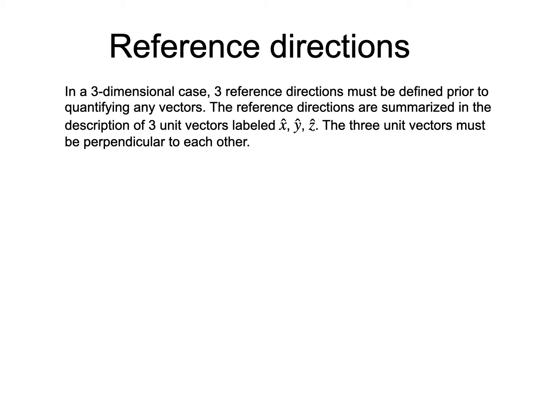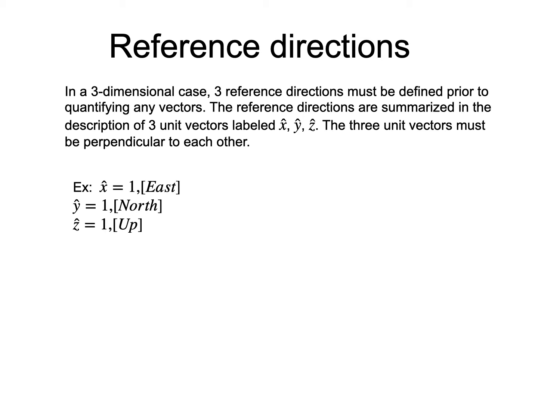Three unit vectors that would satisfy these conditions are the following. X hat and y hat are both horizontal direction, so they are perpendicular to z hat, which is vertical. And the eastward direction is perpendicular to the northward direction.